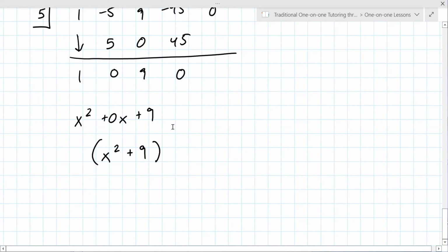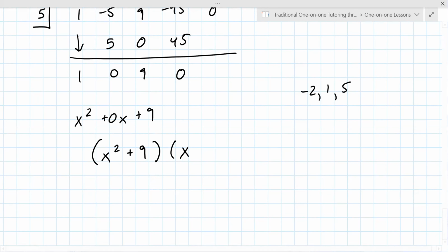Now as a reminder, the solutions were -2, 1, and 5. If you want to write these in factored form, how do you write one of these in factored form? It'd be parentheses x plus 5, that would correspond to -5. Because you said it equals x, right?